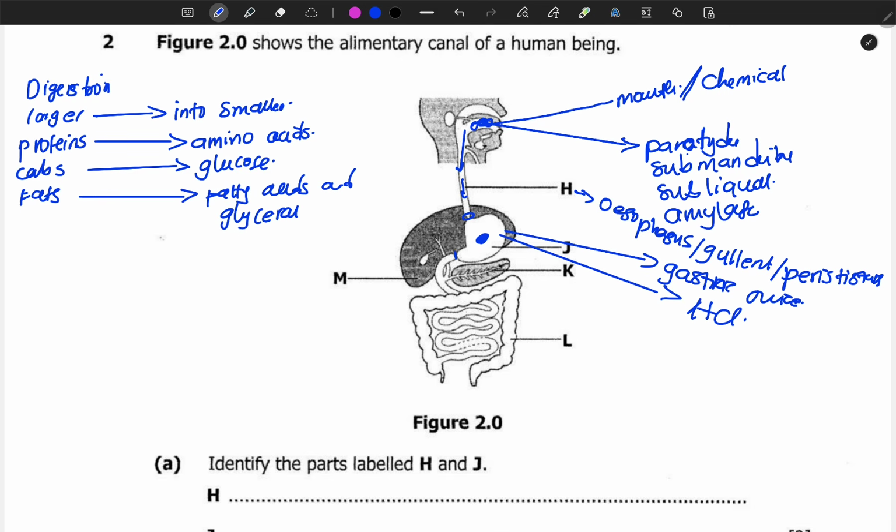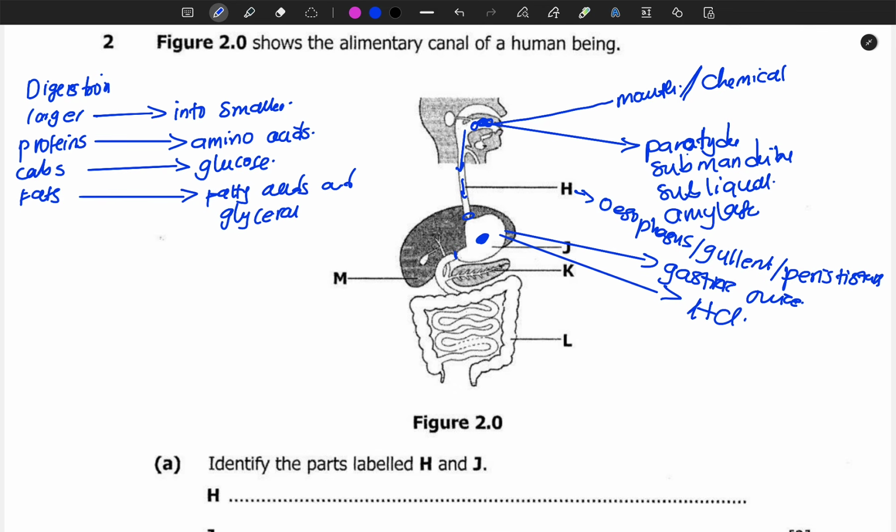So acids play roles like killing of unwanted bacteria or things that may be harmful to our body. Then also number two, providing an optimum pH for enzymes to operate in our stomach.